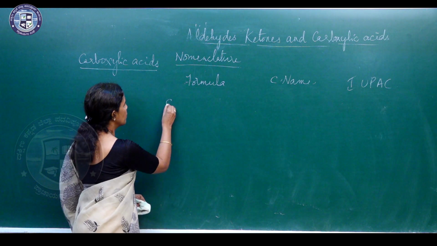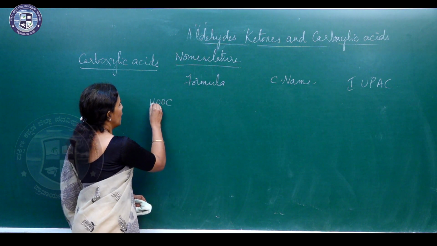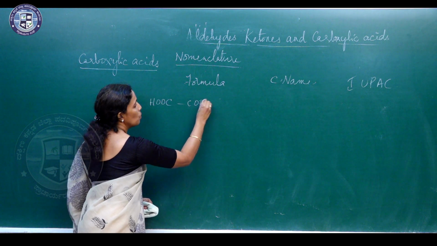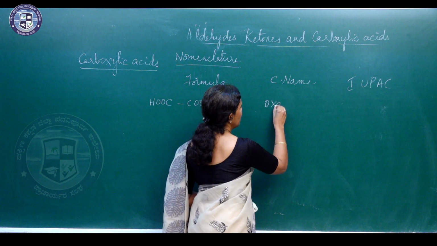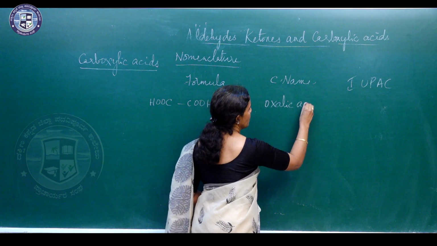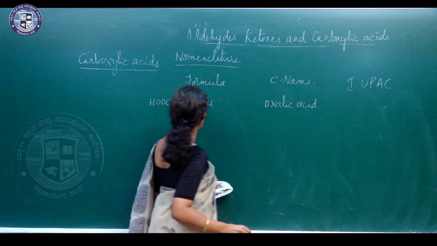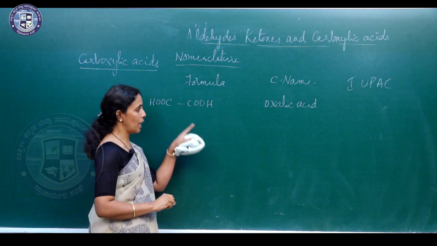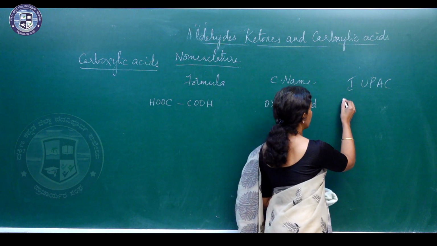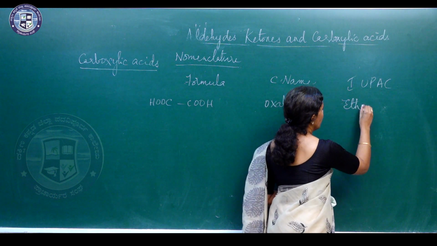So, the first compound in dicarboxylic acid is COOH, COOH. So, this is oxalic acid, the common name is oxalic acid. So, the IUPAC name is, since the corresponding alkane has 2 carbon atoms in it, so it has to begin with ethane.